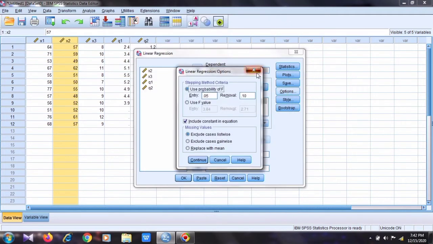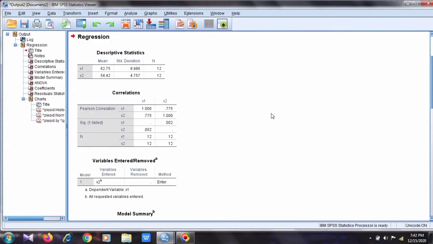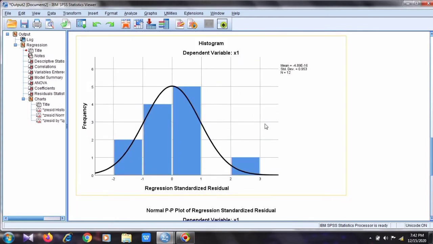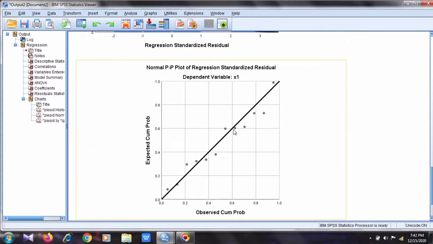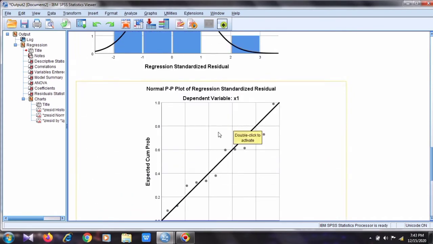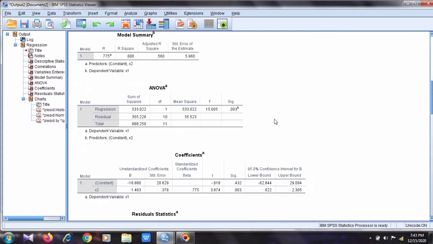In Options nothing, and click on OK. So this is your residual plot and you can see that it's almost normal, so residuals are almost normal, so it follows linear regression well.